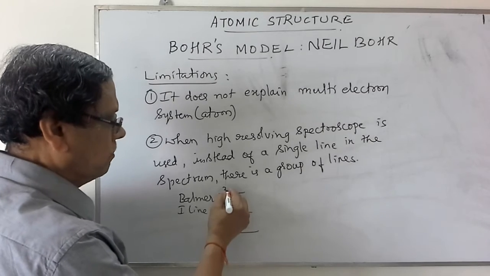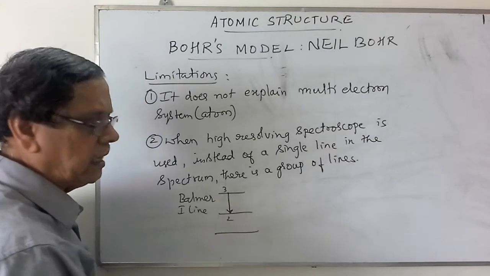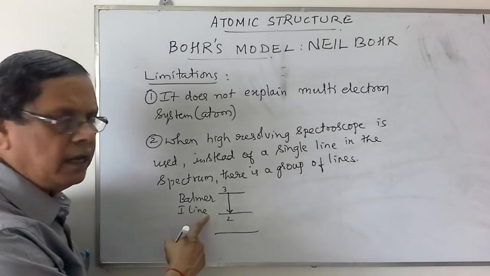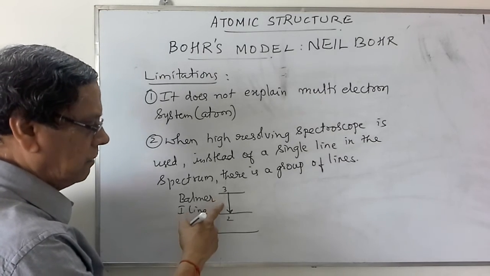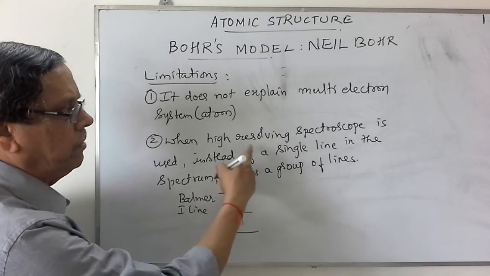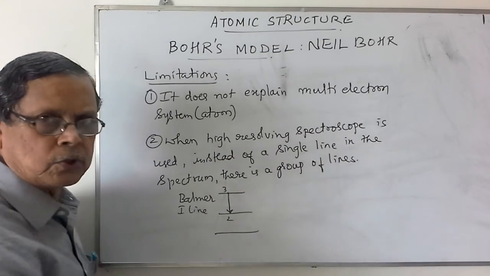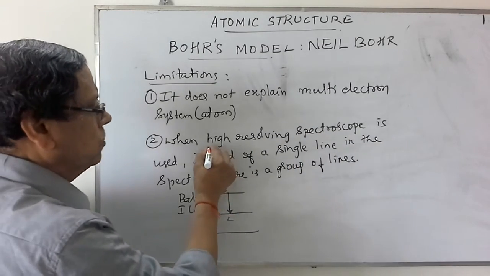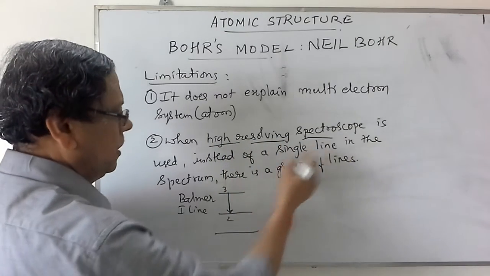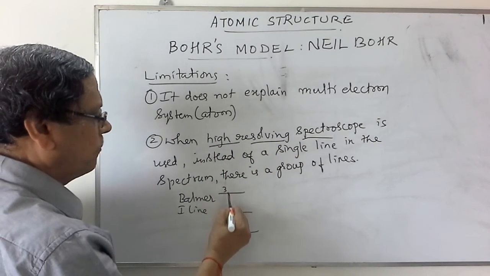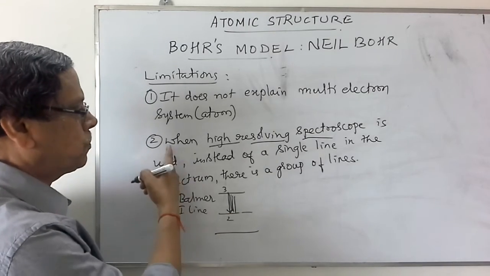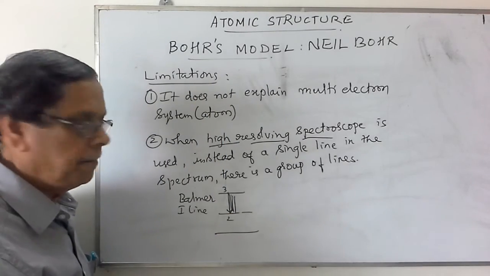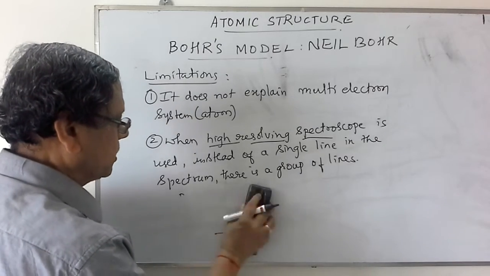When the electron comes from the third energy level to the second energy level, it is called the first line in the Balmer series. But this line is considered a single line when we use a low resolving spectroscope. When we use a high resolving spectroscope, instead of a single line, it consists of various lines or a group of lines. This we cannot explain by considering the Bohr's model. So this is one limitation.